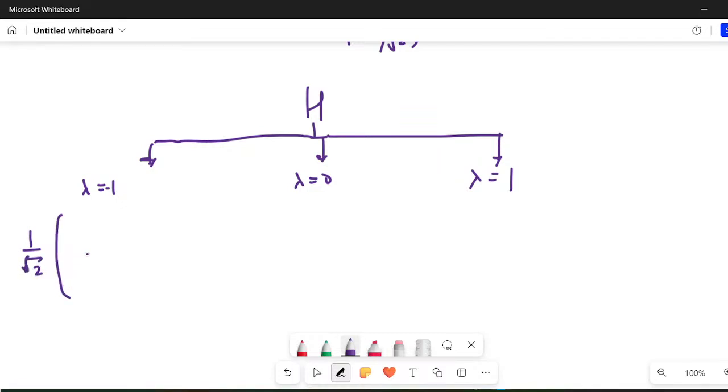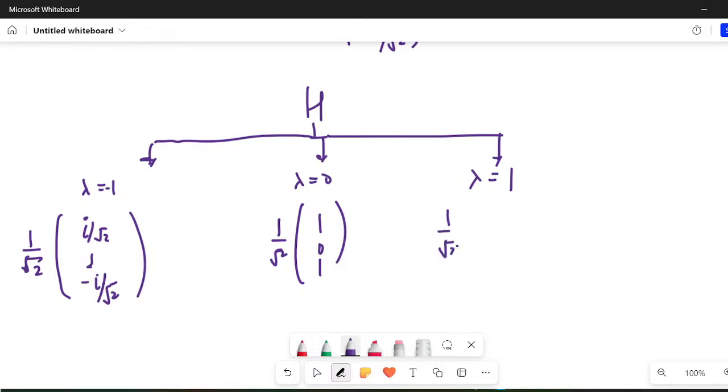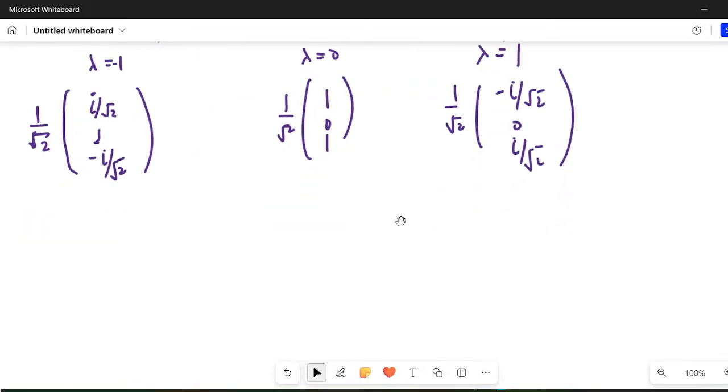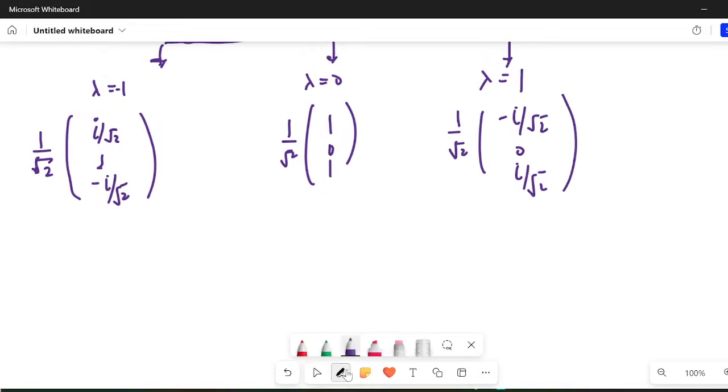The eigenvector would be iota by root 2, 1, and minus iota upon root 2. Then again, for lambda equal to 0, you had I think 1 over root 2, 1, 0, 1. And here I think 1 upon root 2, and the sign difference was there. I think there was minus 1 upon root 2 here, then 0, and here it was iota upon root 2.